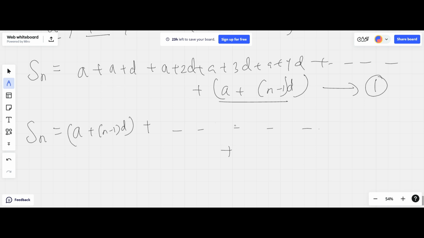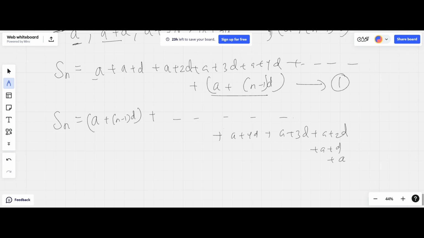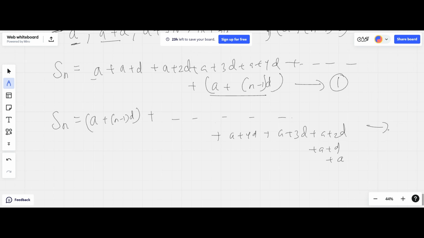Likewise it will end like this: a plus 4d, plus a plus 3d, plus a plus 2d, plus a plus d, and at the last it will be a. Basically we are writing the same thing in the reverse order. Now think this is equation number 2.